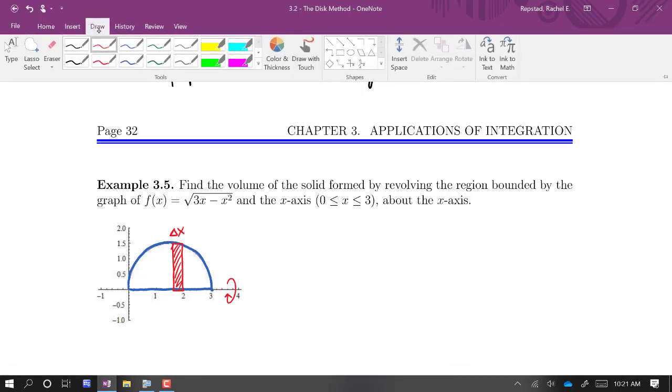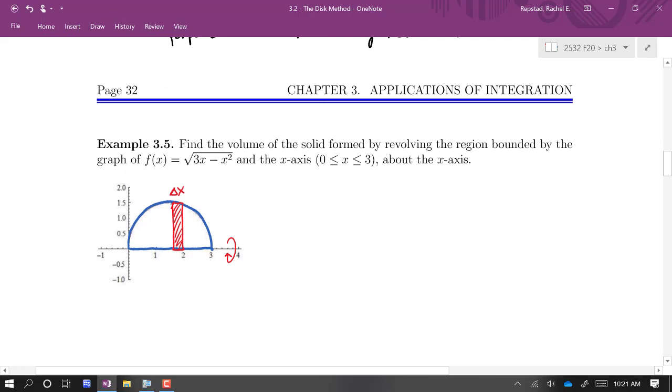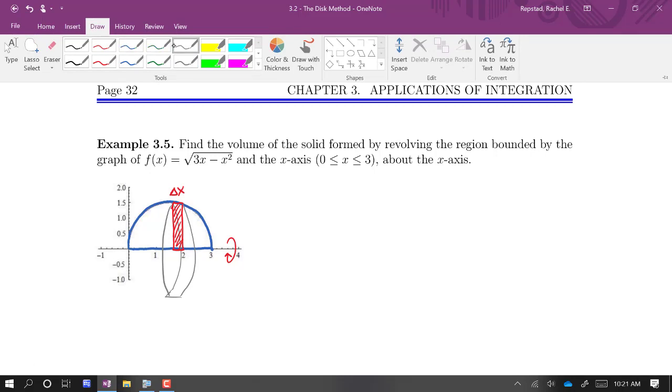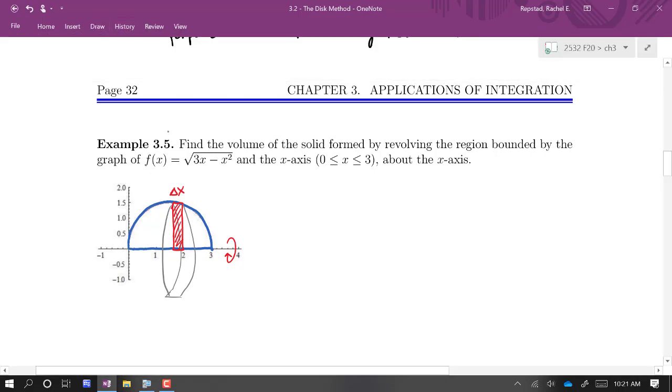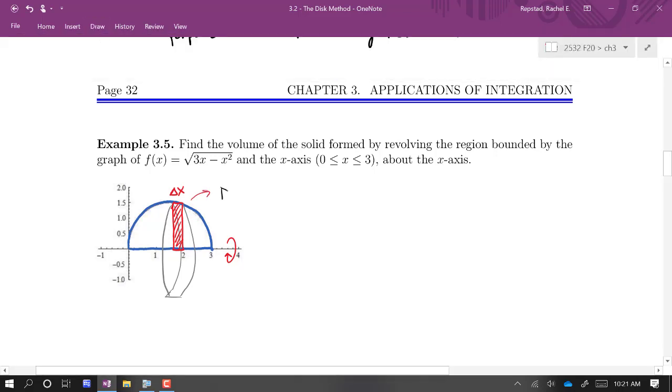And if we were to revolve this rectangle about the axis, it would look like this. Right, so there's our disk. I can sketch it again up here. I like to draw them so it looks more like the cylinder with a circular base as opposed to a cylinder on its side.